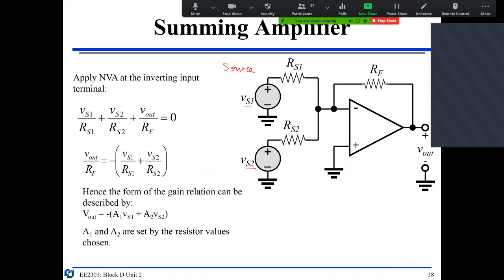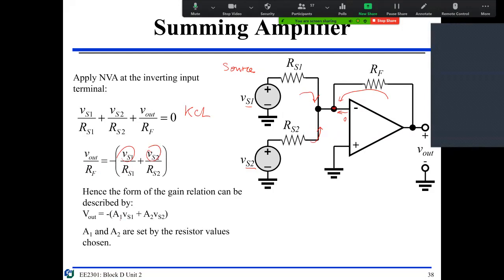KCL. So the current is coming in here, current coming in here, current coming in here, adding at this point. And also you have current here, which is 0 actually. Add all this together and the currents balance; the sum is 0. So this is KCL. Adding that, you will see V out can be expressed as a linear combination of this guy and this guy.